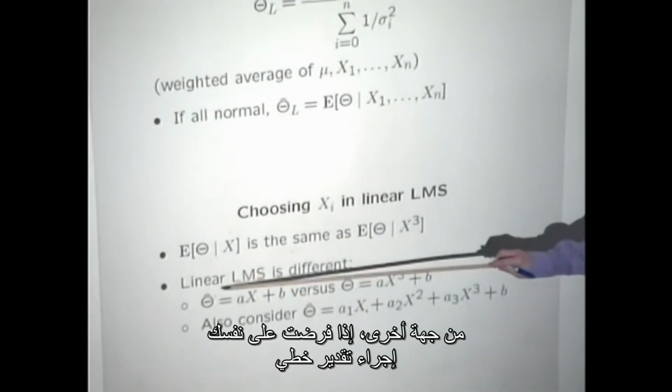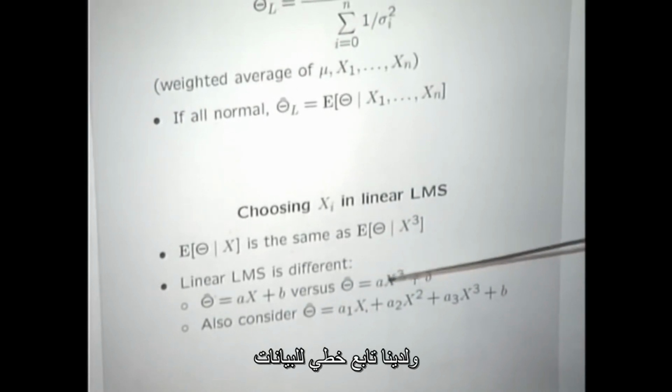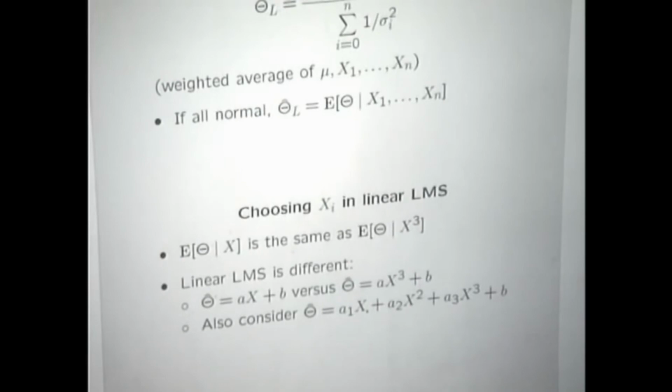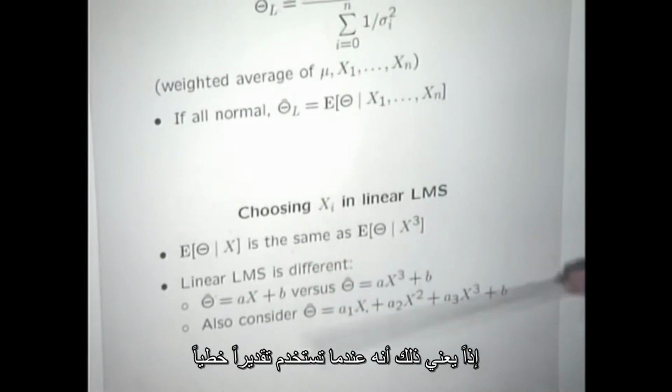On the other hand, if you restrict yourself to doing linear estimation, then using a linear function of x is not the same as using a linear function of x cubed. So this is a linear estimator, but where the data are the x cubes, and we have a linear function of the data. So this means that when you're using linear estimation, you have some choices to make.